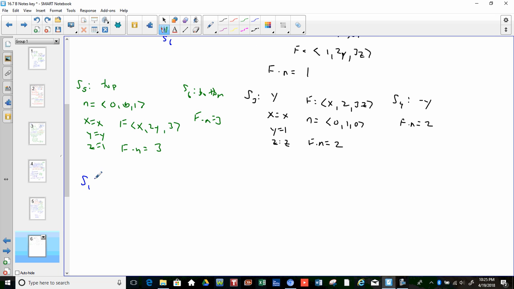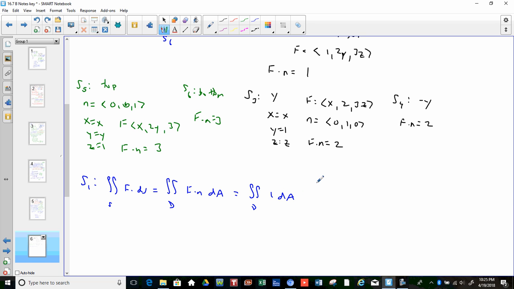S1 is the double integral over S of f dot dS, which again, remember, we can write as the double integral over D of f dot n dA. Well, we've got all of our f dot n. Specifically for S1, f dot n was 1. So I'm taking the double integral over D of 1 dA.